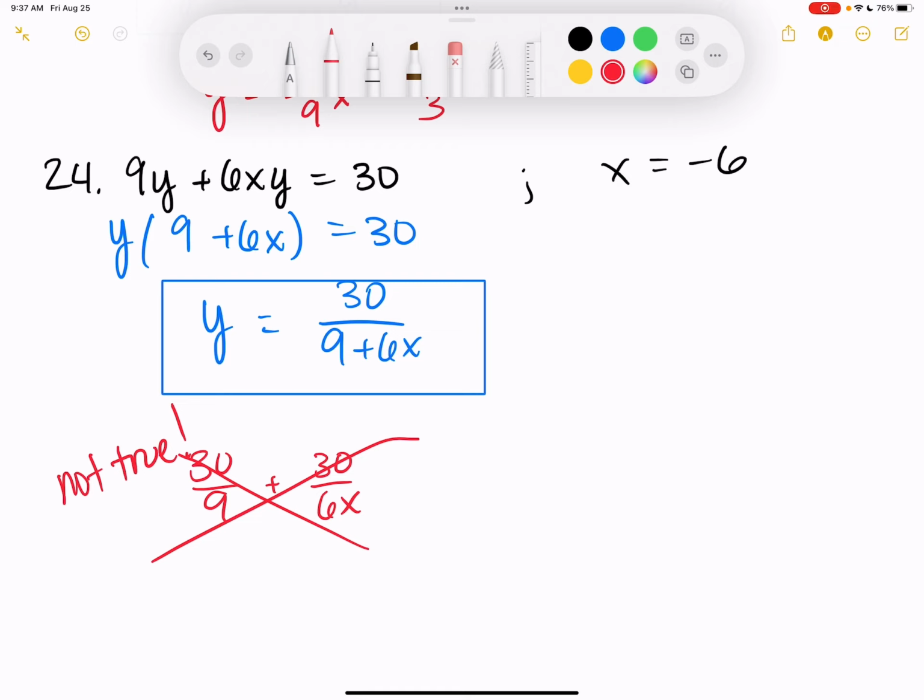All right, so now we're solving for x equals negative 6. I just plug it in: 30 over 9 plus 6 times negative 6.